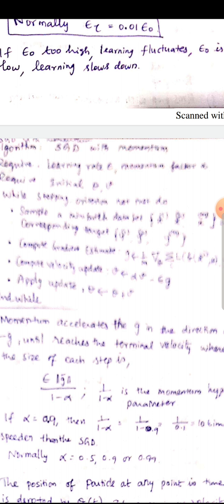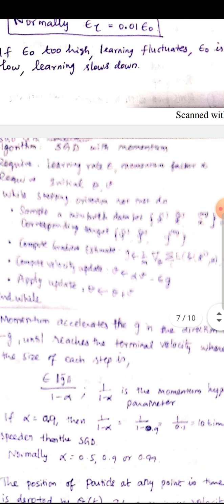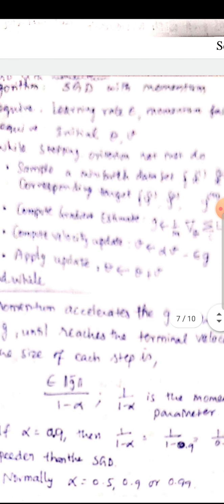So the gradient value, whatever it is, the learning rate parameter is being added, and along with that it is going to take the updated value for your velocity vector. After computing this velocity vector we are going to update your parameter direction by adding that velocity vector with that. So velocity is being updated by alpha times the velocity minus eta, the learning rate, times the gradient vector. So this is the way.